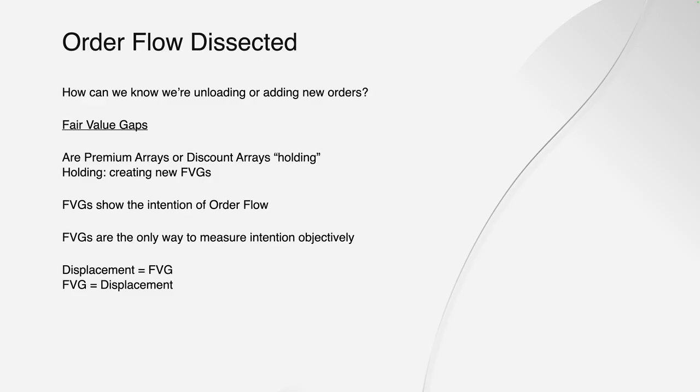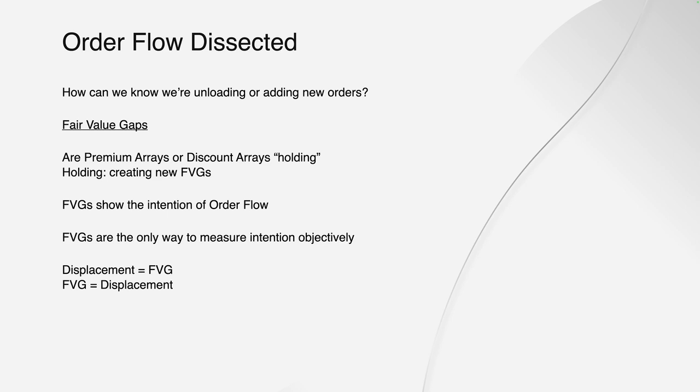Those fair value gaps are essentially the footprints. They are essentially the signs that the market must leave behind. It can't move fast without leaving behind fair value gaps. So that also tells us what the actual order flow is of bigger institutions, of bigger banks, because they are leaving behind signs.